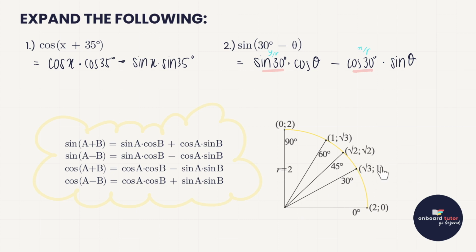So y is 1, r is 2. So this is now going to become a half instead of sine 30. Cos theta minus, and then we've got cos of 30 there. So back to that 30-degree line. Cos is x, root 3 over r, 2. So root 3 over 2 sine theta, and that will be the final answer there of the expansion.